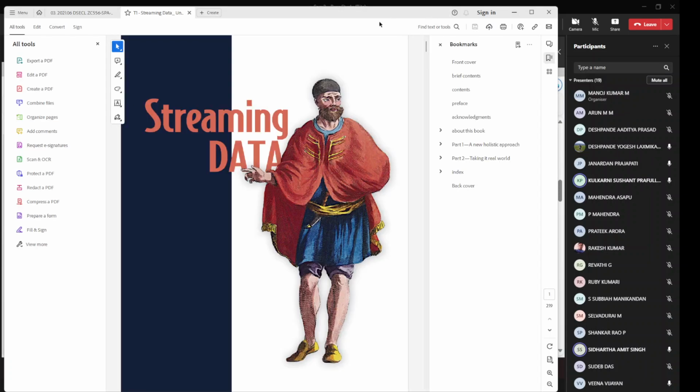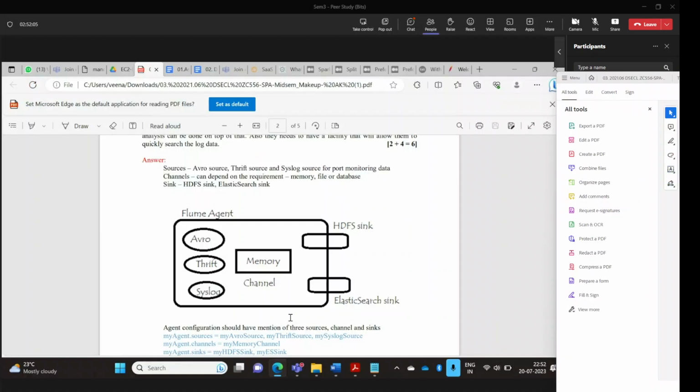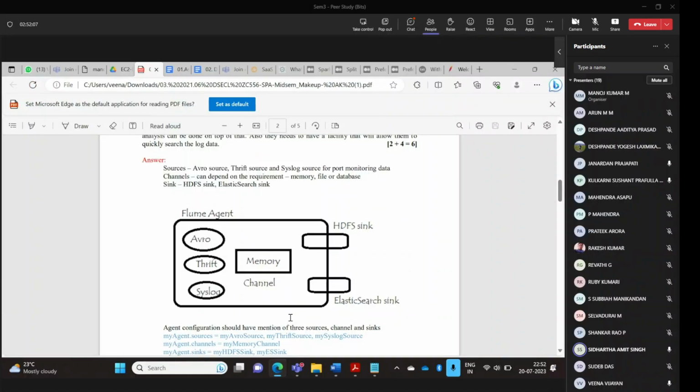I wonder whether all these different components, sources and sinks, have been taught in the class. Actually, I missed a few lectures. I'm not sure I remember whether it was taught. Probably not in the class. I haven't gone through all the lectures either, but they would have given just a very high level, not in detail like this. I'm happy I'm not the only one who hasn't gone through all the lectures.